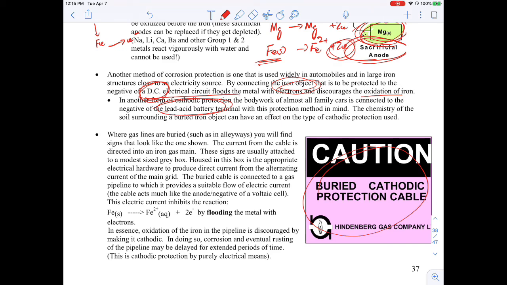These signs are usually attached to a modest-sized gray box. Housed in the box is appropriate electrical hardware to produce direct current from the alternating current of the main grid. So they've got a little converter that changes the AC we get at our house into direct current, and it protects the iron from rusting.